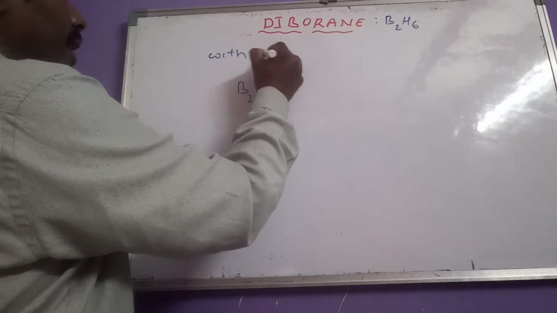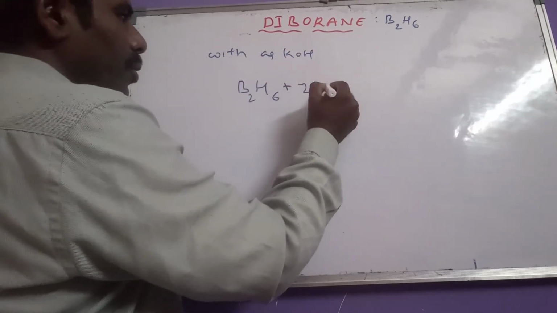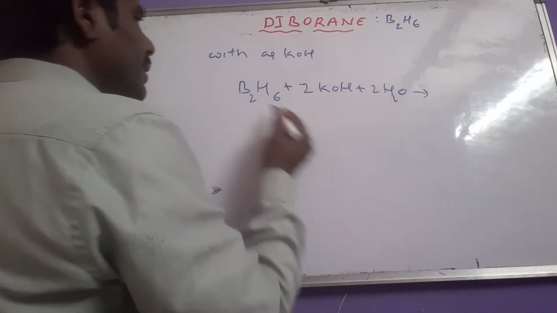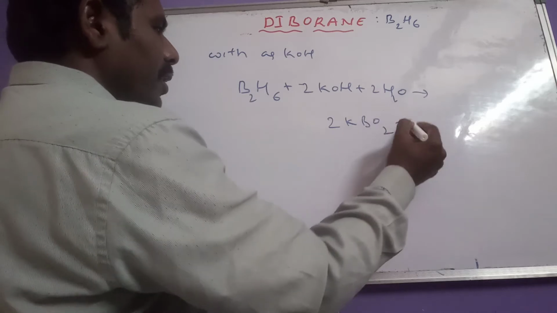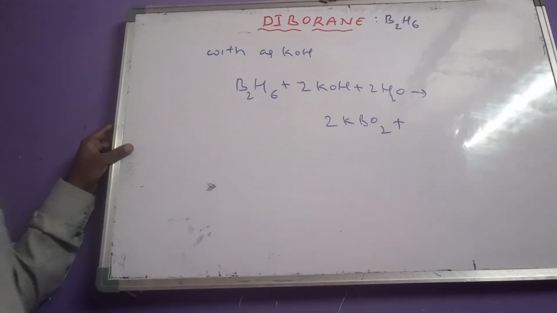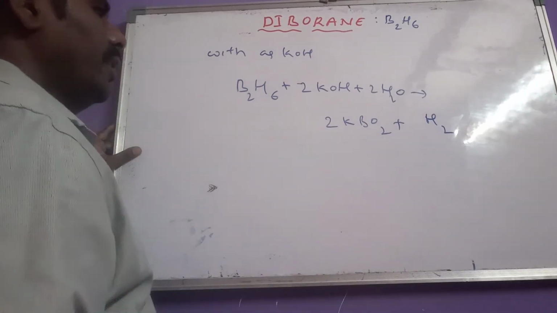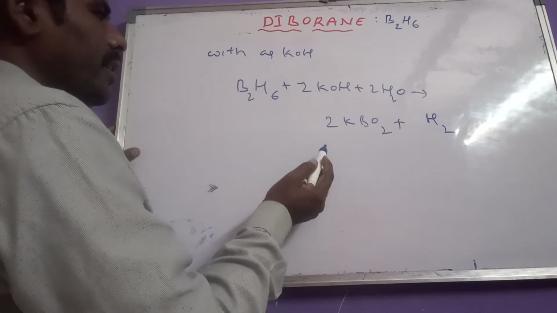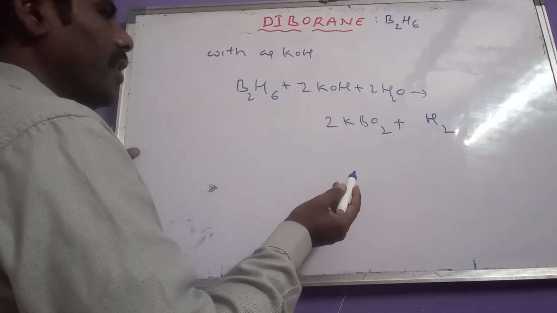Now another one, reaction with base, alkali. Reaction with aqueous KOH. So now 2 moles of KOH plus 2 moles of water react with diborane and produce potassium metaborate, and the byproduct is hydrogen. To balance these, two borons are already here. Now we have to balance the hydrogen atoms.